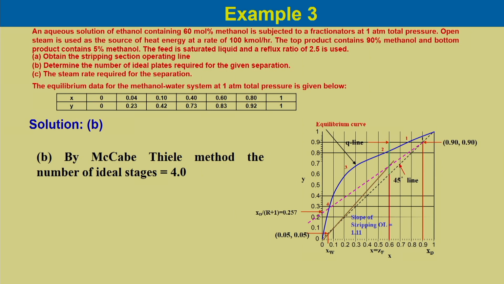Now, the second part is the number of ideal plates required for this separation by the McCabe-Thiele method. Starting from this point, we can calculate the number of ideal trays required.